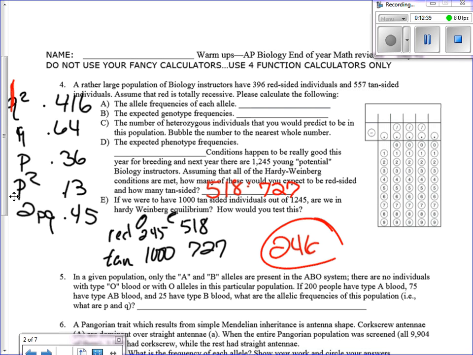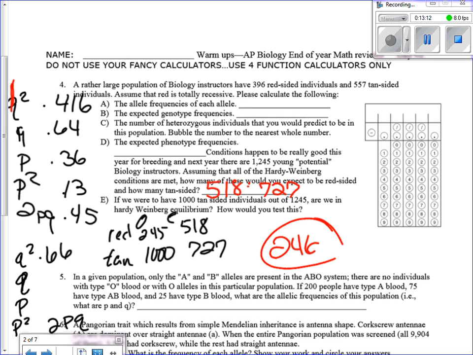So how are you going to set that up? Non-Mendelian genetics. I said non. So, what's my Q squared? Divided by 300. What's my P squared?